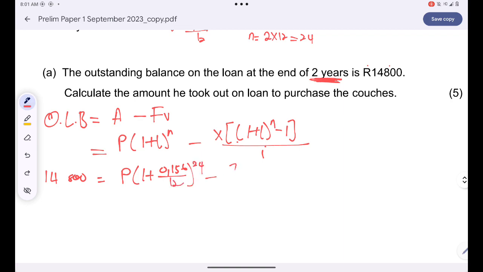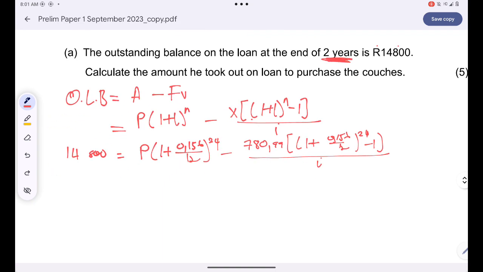24. The installment, we're told that it's 780 rands 99 cents, and then I have [(1 + 0.156/12)^24 minus 1] all over i. You'll do your mathematical gymnastics to find your answer. You'll end up having P being equal to 14,800 rands plus the future value, because whenever I take this to the other side, it will be positive.